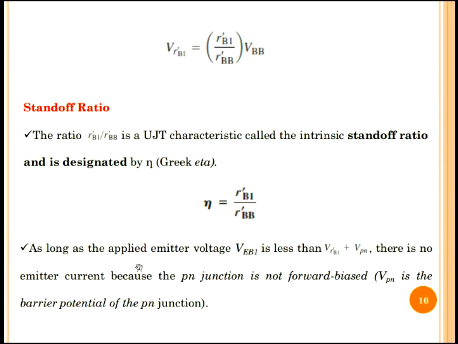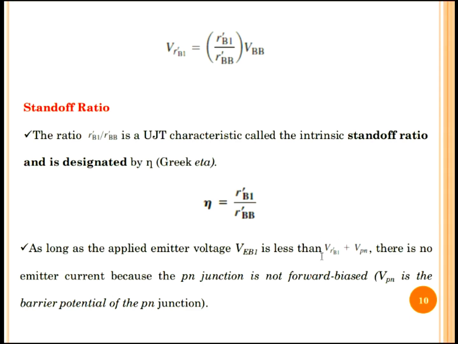or to operate this UJT, right? We know that there is some threshold voltage for any electronic device. Similarly, the UJT has a threshold voltage that is dictated by V R'B1 plus VPN. This is the intrinsic threshold voltage offered by the PN junction, and V R'B1 is the voltage offered by the resistance between the emitter terminal and the base 1 terminal.